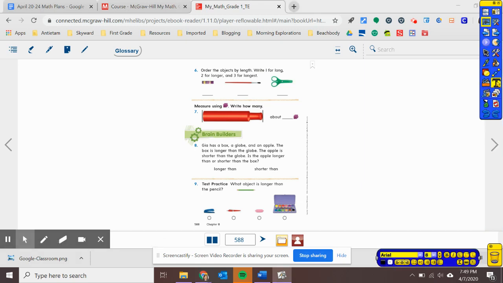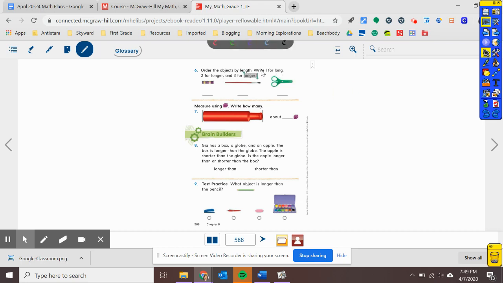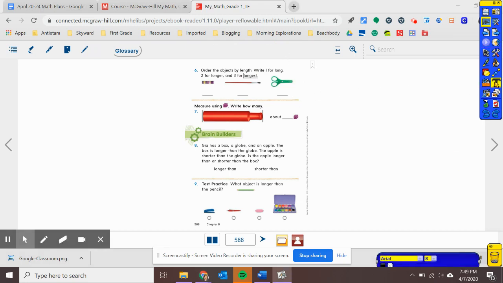All right. Now at the top here, we are looking at some different objects. And it says order the objects by length. 1 for long, 2 for longer, and 3 for longest. So again, I'm going to underline that important word. And we're going to start with the shorter object because our last one should be the longest.